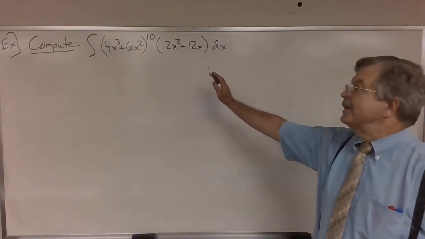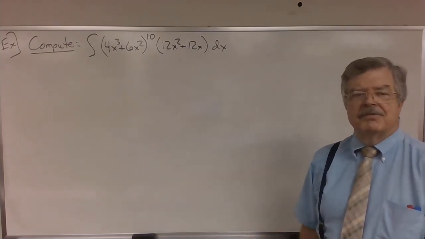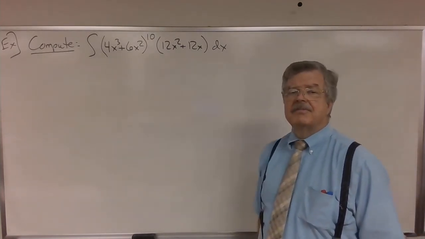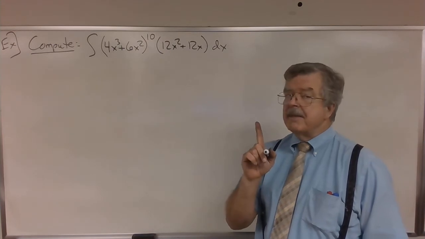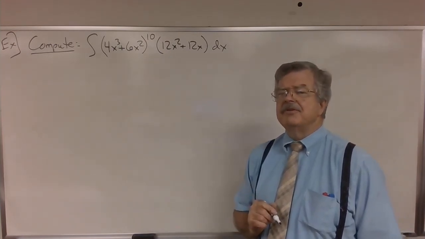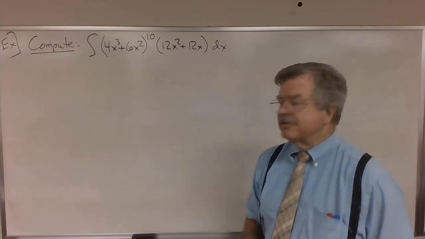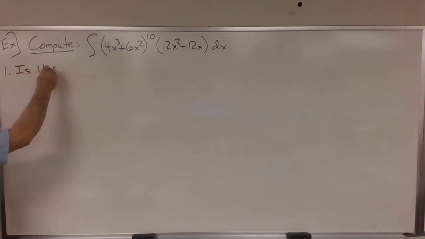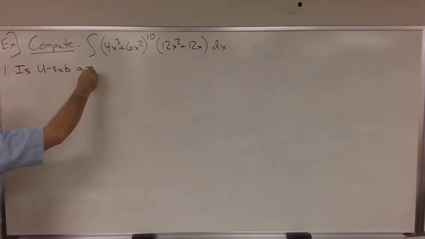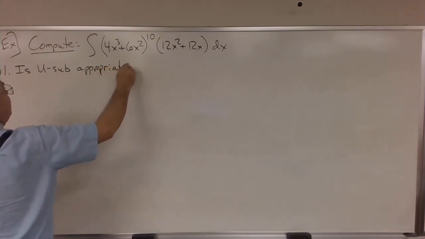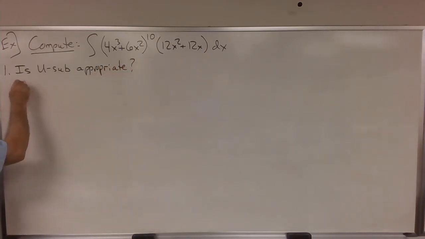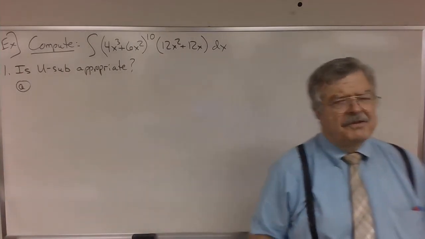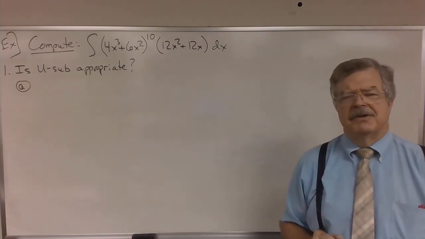If appropriate, we are going to use the 5-step method to compute this. Now, I suspect this is a u-substitution exercise, but I've got to make sure. First step, if I'm thinking of using u-substitution, is to see if it's appropriate. Do you remember what the first characteristic of the derivative of a composite function is that we look for?